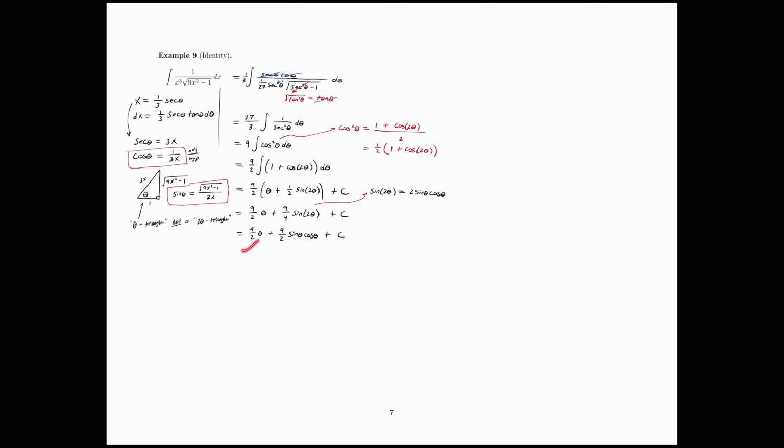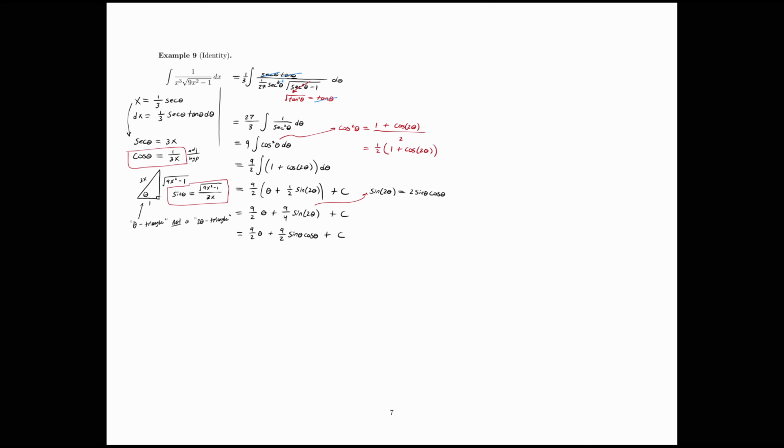But what about this theta? Well, there's only one way you can exchange this theta for an x, and that is it has to be in terms of an inverse trig function. So from this, we could actually just use any number of these different relations.